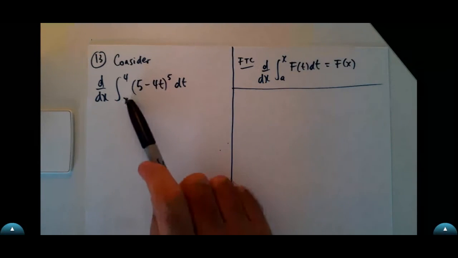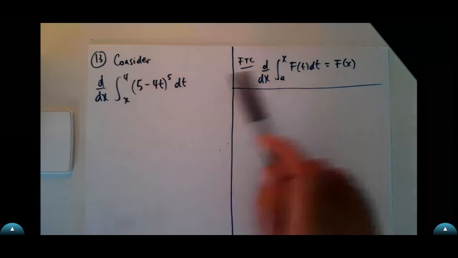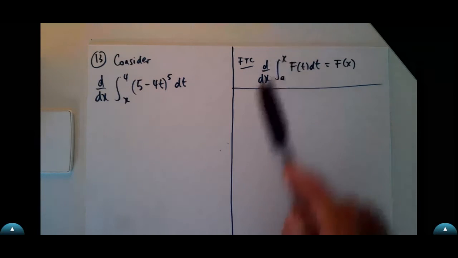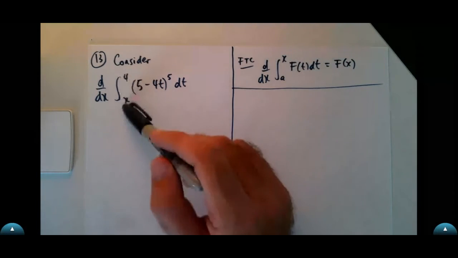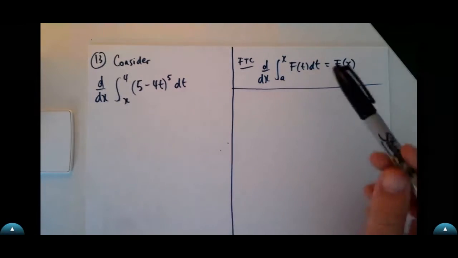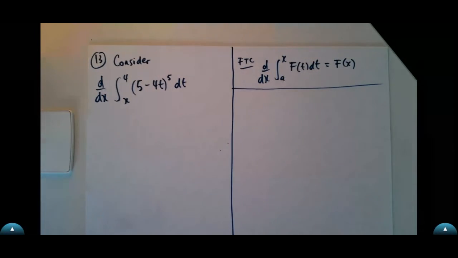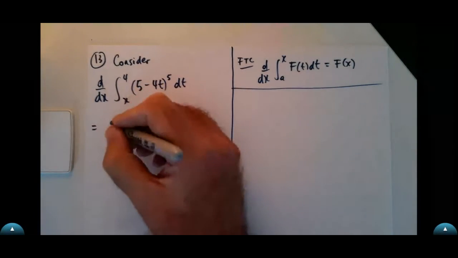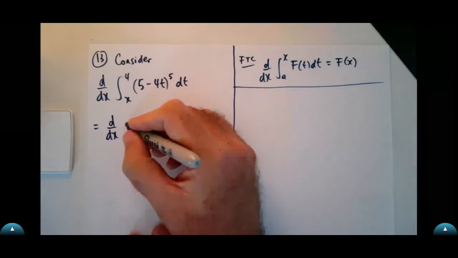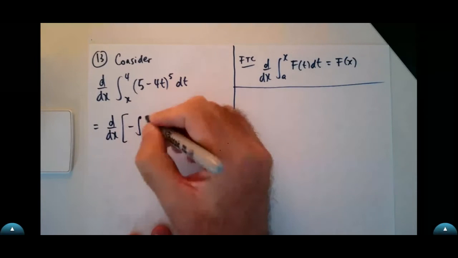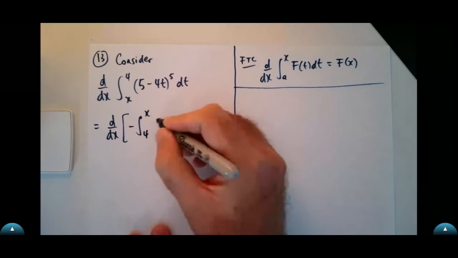Now, one of the problems here is that this doesn't match this format. So can anyone suggest in the chat how we might change this one to make this format? So Osmond's on the case. So what we can do is flip the order of integration.